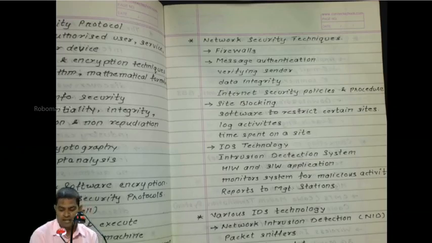How will that be done? That will be done with the help of IDS technology. It stands for Intrusion Detection System. It's a combination of hardware and software application. Both the hardware and software application should work in coordination with each other. The advantage, or the responsibility, of this particular technology is that it monitors the existing system for any malicious activity.